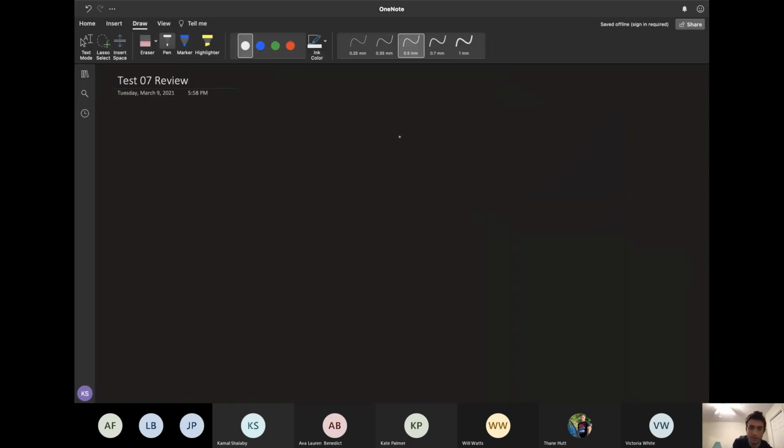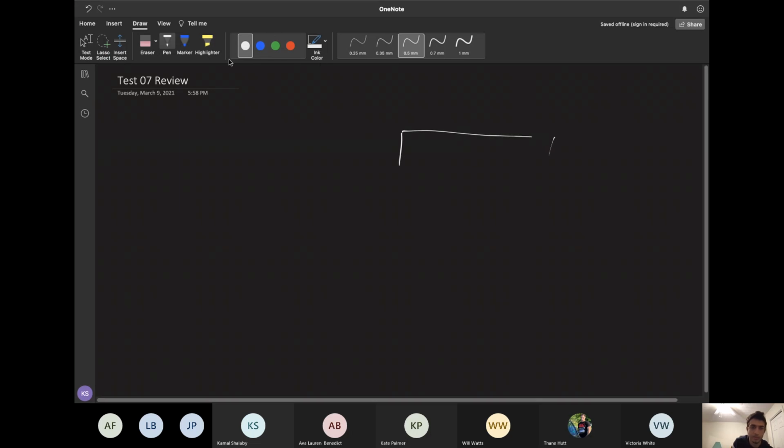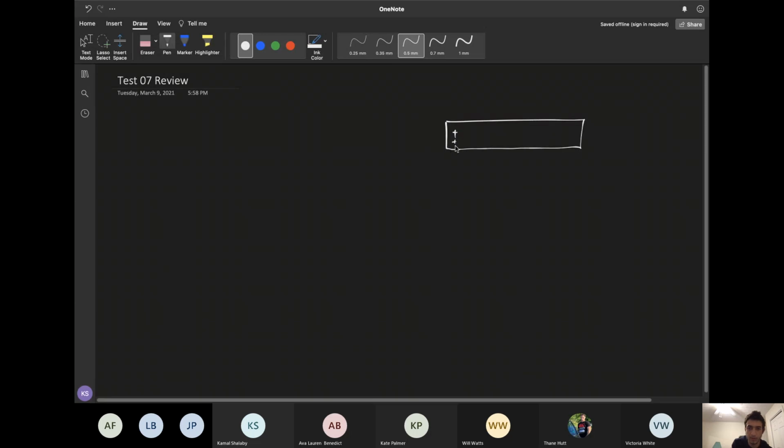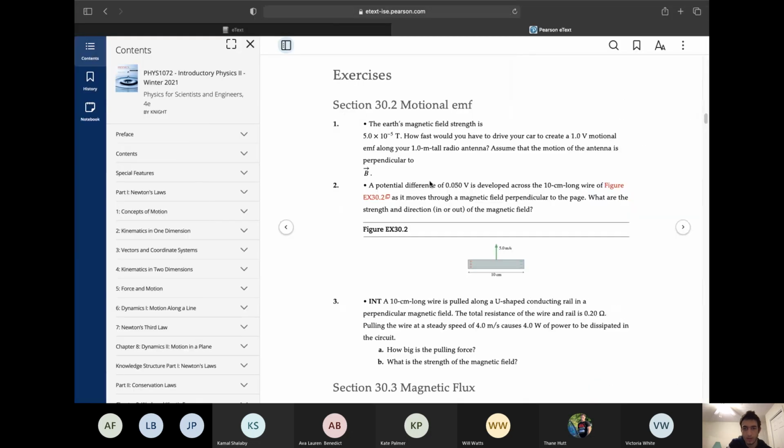So we have a block of wire. It has a delta V equal to 0.05 volts, and the length is equal to 10 centimeters, as it moves through the magnetic field perpendicular to the page.